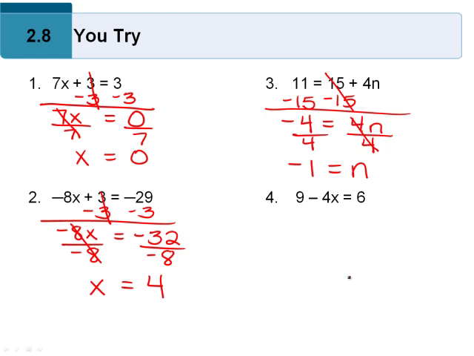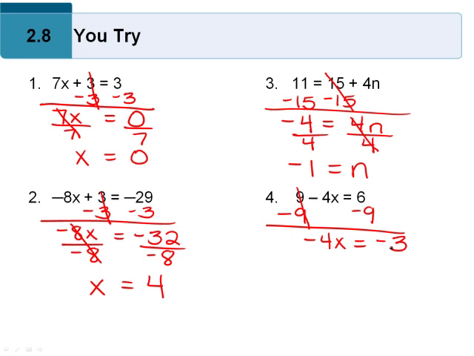All right, number 4, 9 minus 4x equals 6. So, first step, don't mess with the negative 4x. Get rid of that 9. Subtract 9 from both sides. So the 9's are gone. We have negative 4x equals 6, and negative 9 gives me negative 3.